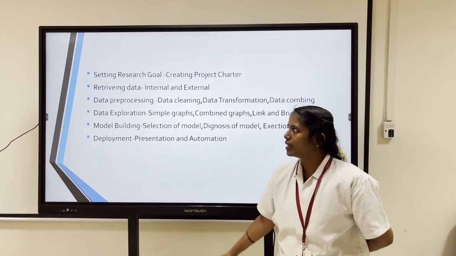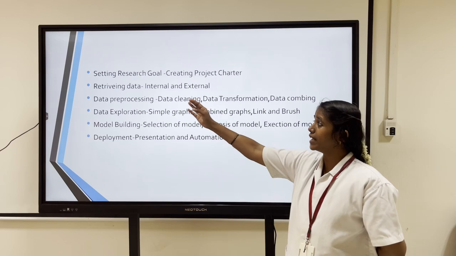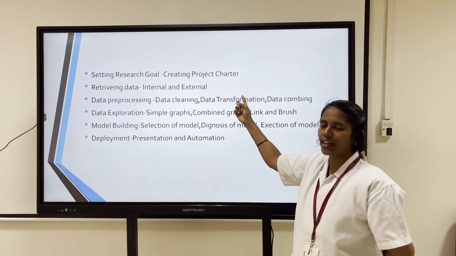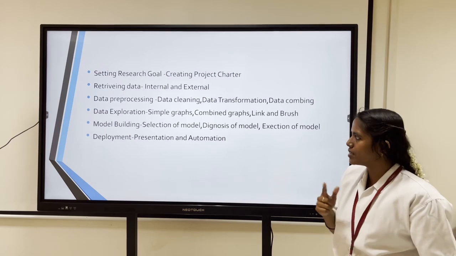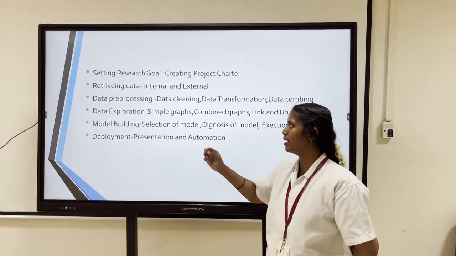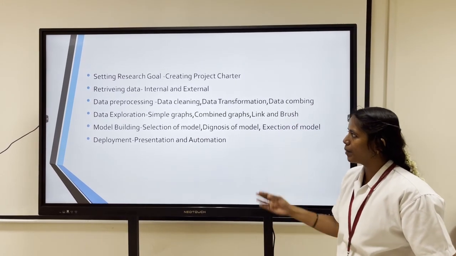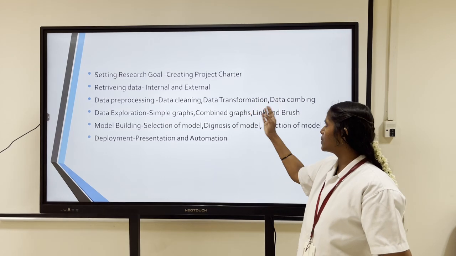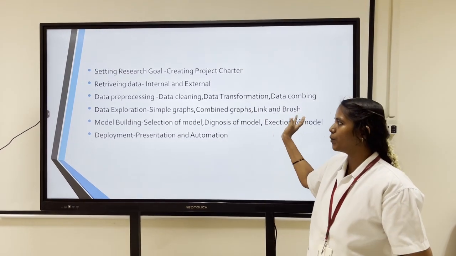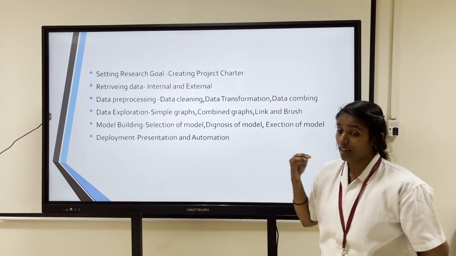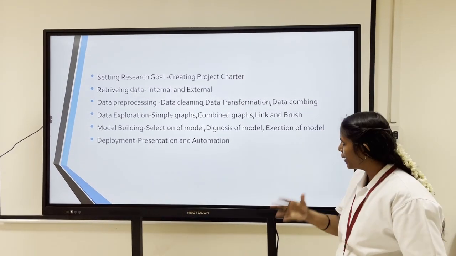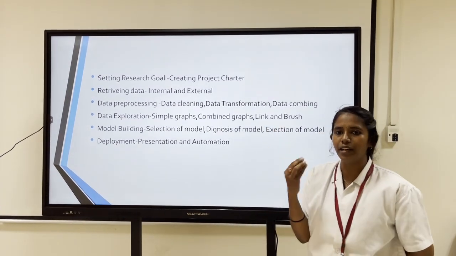In setting the research goal, we first create the project charter. Then retrieving the data has two parts: one is internal and the second one is external. In data preprocessing, data cleaning, transformation and data combining are involved. The next one is data exploration. It involves simple graphs or combined graphs, or link and brush.